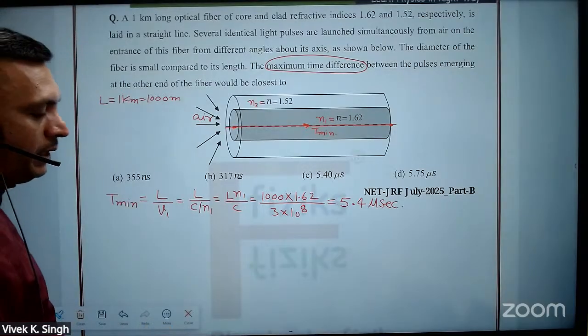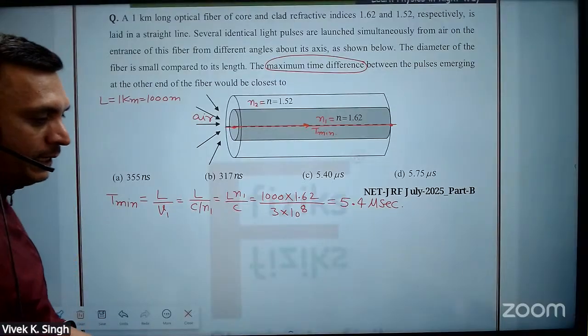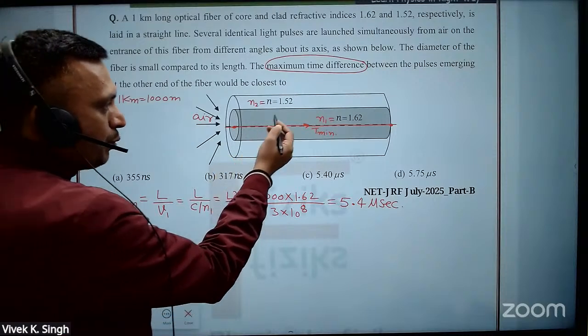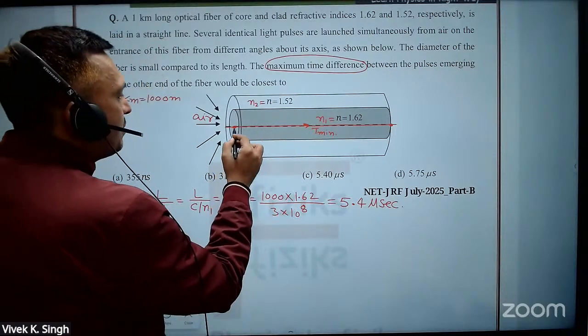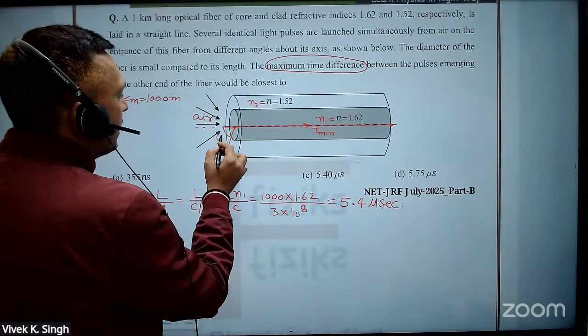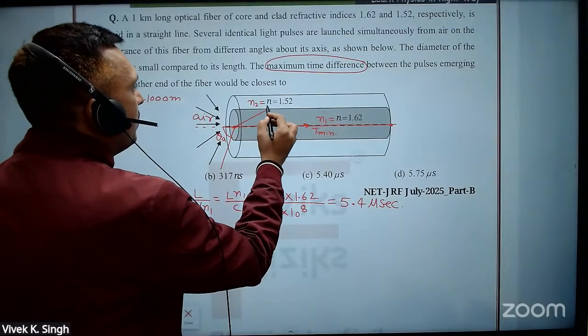Now what will be the maximum time taken? In this case, the light ray that will propagate through the core region has the maximum acceptance angle. Let's say this is the maximum acceptance angle. What will happen at the maximum acceptance angle?